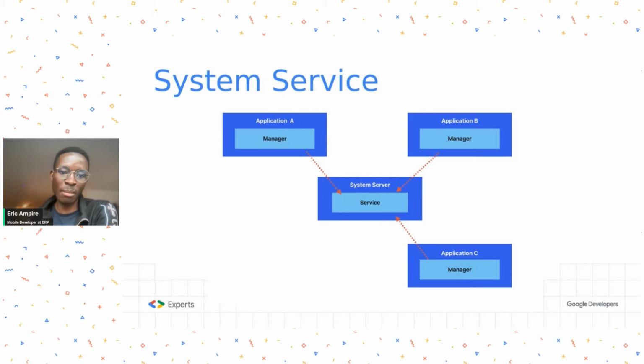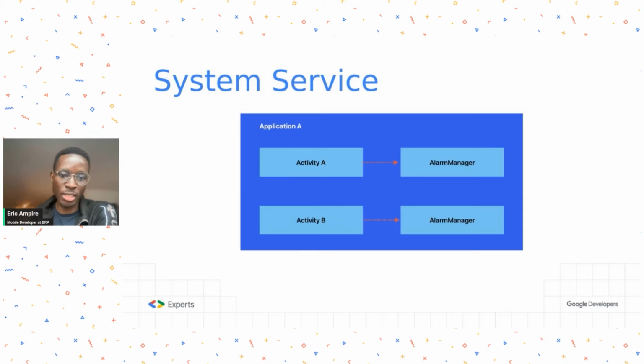So let's say in applications A, B, and C, I'm using the alarm manager. It will be 3 different instances of that manager, but all those managers will communicate with just one single instance of the alarm service, which is running in a separate process.